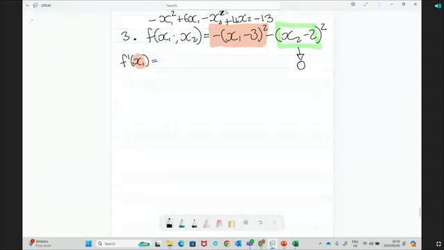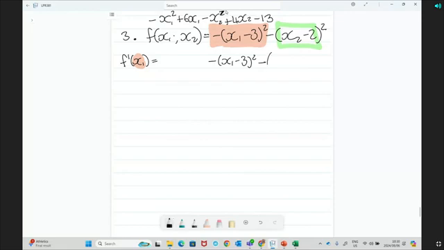So I can show you, if you were to multiply all of that out, you would have still been left with, I'll just write it like this. You would have had the minus in front, but it would have been x2 times x2, which would have been x2 squared.